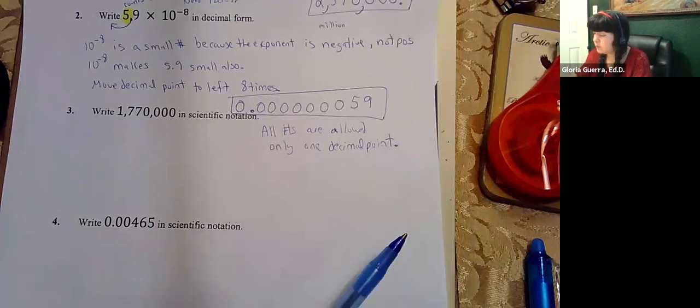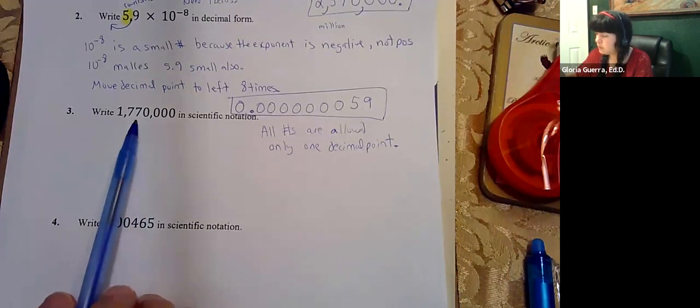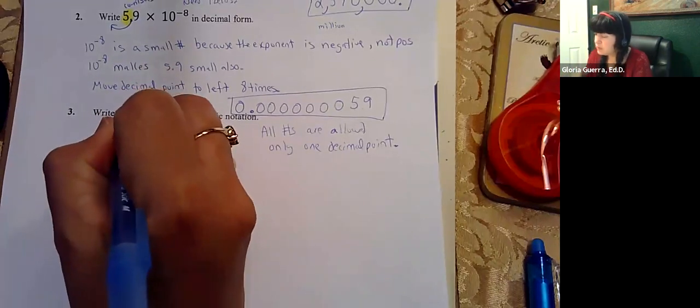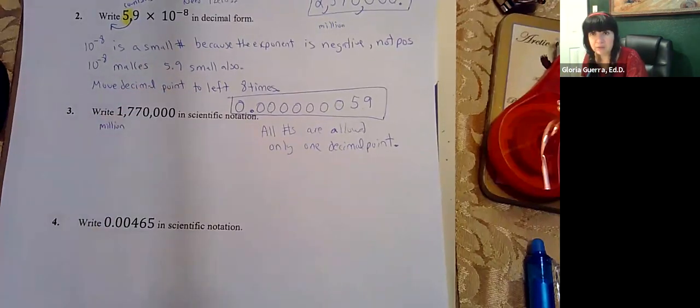So here, this is hundreds, thousands, million, right? This is 1,770,000, right? And they want you to write that in scientific notation.